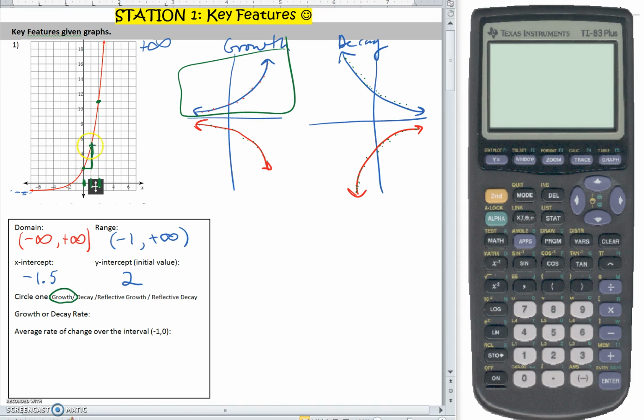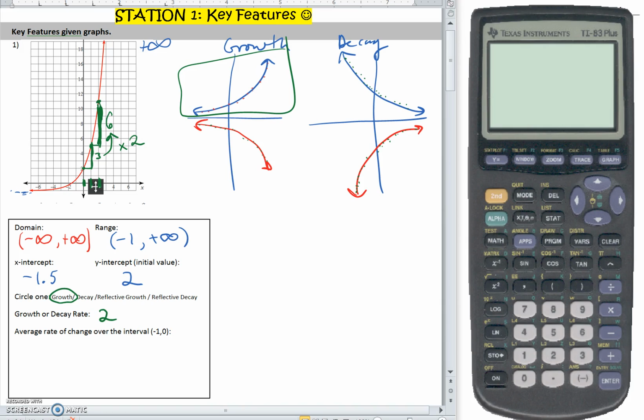So if we model visually the amount that from each point it goes up, if I go over 1, I went up from 2 to 5, I went up 3. If I go over 1 more, I went up from 5 to 11, which is 6. Now from these increases, this is how we can tell what our growth factor is. I can say, yeah, I'm going up by 3, but in exponential functions, we're always multiplying to get to the next amount of growth. So here we're multiplying by 2, and that's going to be our growth rate, 2.